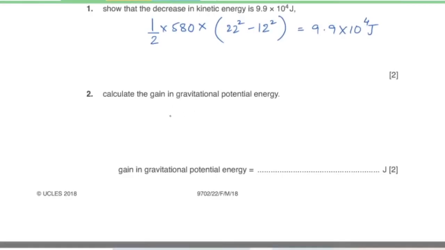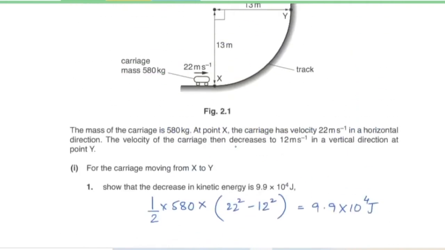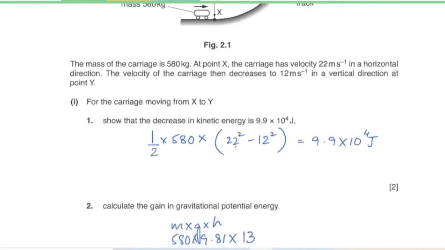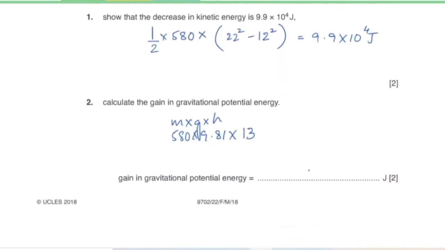So the change in gravitational potential energy is going to be mgh. The mass of the carriage is 580, times 9.81, and the height it rises, which is the vertical distance it covers when it travels from point X until point Y, is 13 meters, which is also the radius of the circular track. And the gain in gravitational potential energy is 7.4 × 10^4 joules.